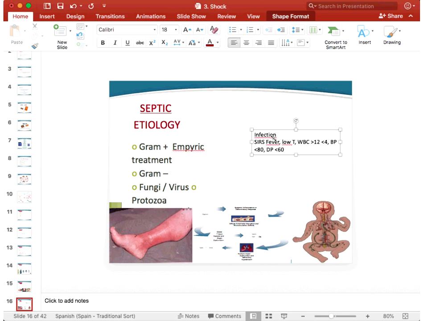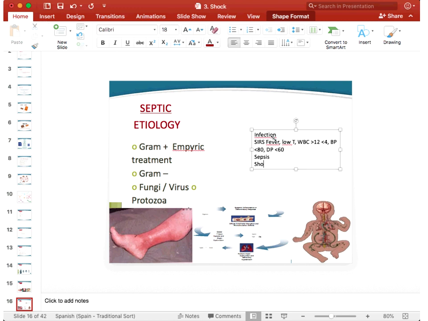But let's assume that this situation continues. In a diabetic patient, this continues. So he has an infection, then he develops a systemic inflammatory response syndrome, then he will develop sepsis, which is the lowering of the blood pressure, but it responds to crystalloids.